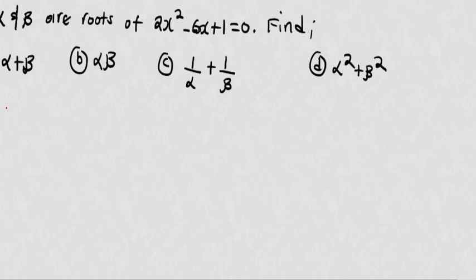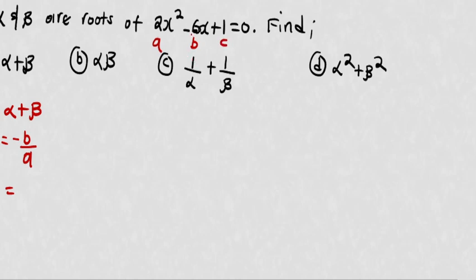So the first one is asking us to find alpha plus beta. How do you find alpha plus beta? We use this formula that is negative b over a. We know that the coefficient of x squared represents a, the coefficient of x represents b, and the constant term represents c.